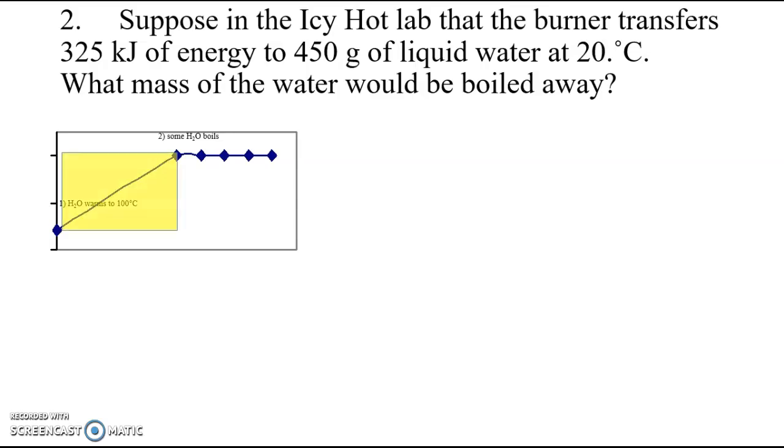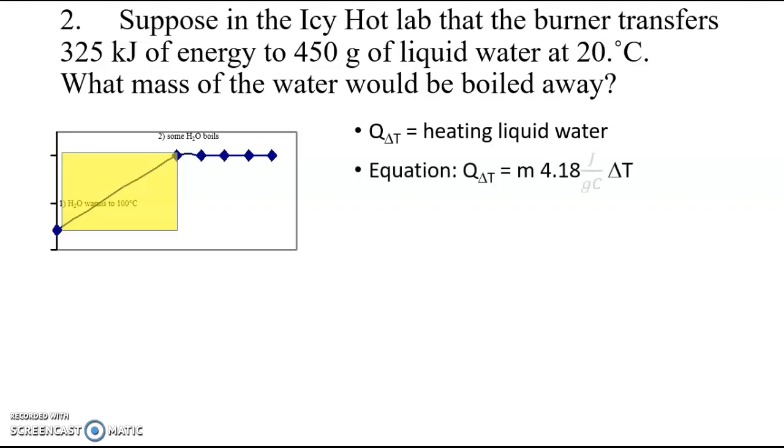Let's look at just the first part, heating it up, changing our temperature. So this is, I put Q delta T in here. You could just put Q1, heating the liquid water. So our equation for liquid water is the energy Q equals the mass of the water times the heat capacity for liquid water of 4.18.